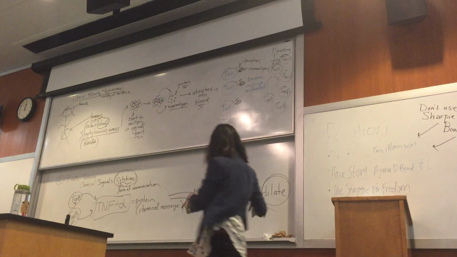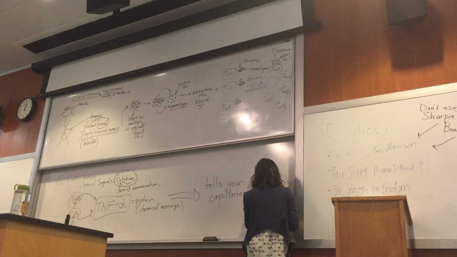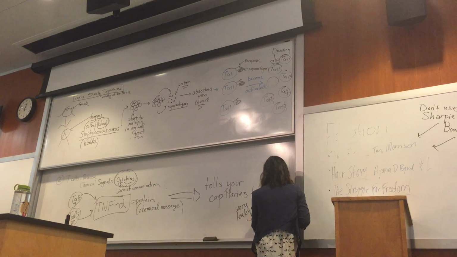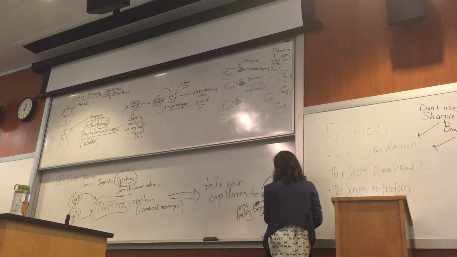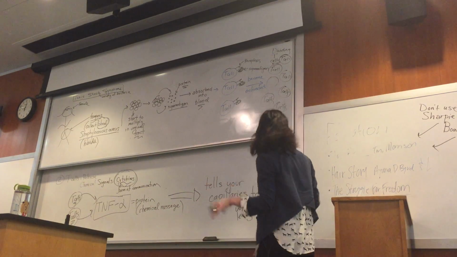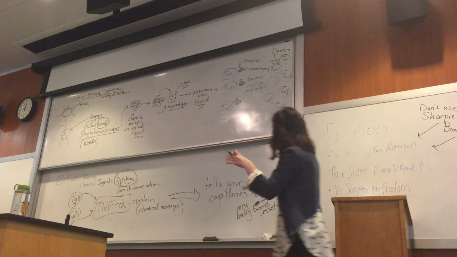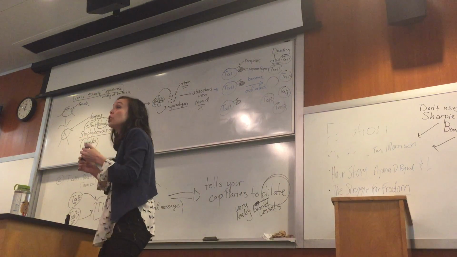Yeah. Dilation in your capillaries means you're going to start to get very leaky blood vessels. Your blood plasma is going to start leaking out of your blood vessels. Now, a little bit of dilation is okay. That's actually a good thing.